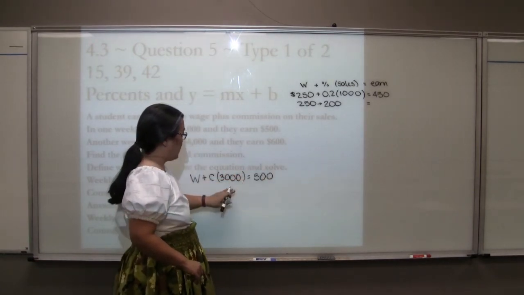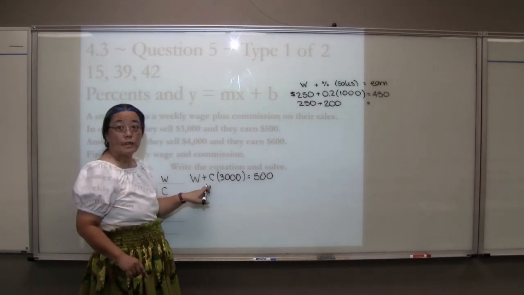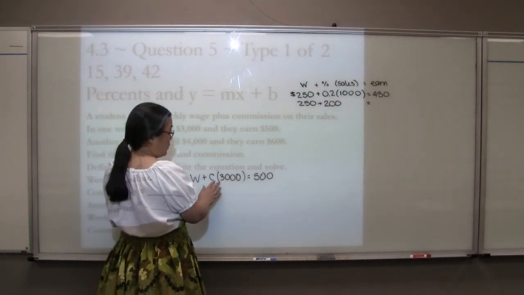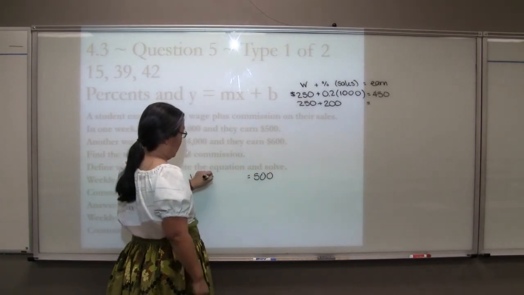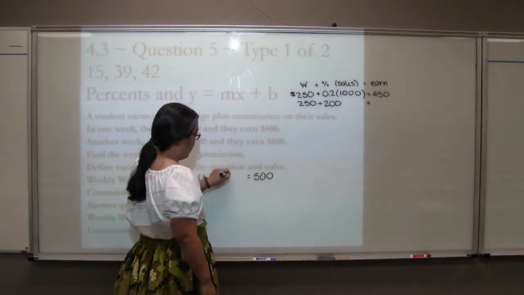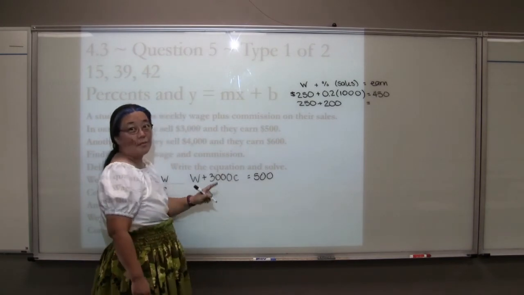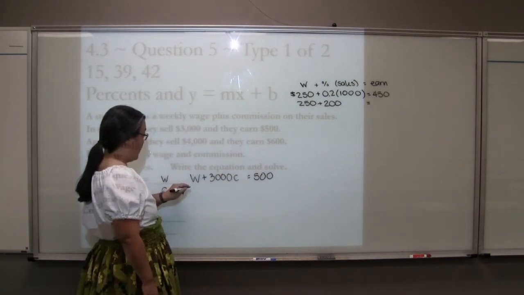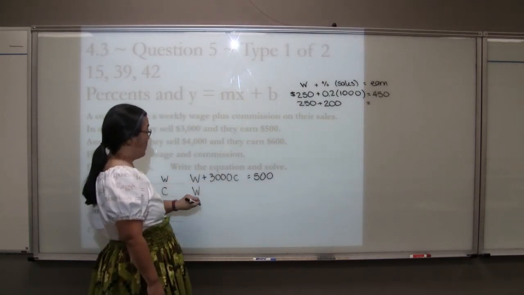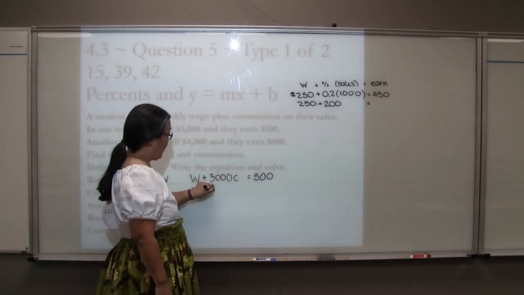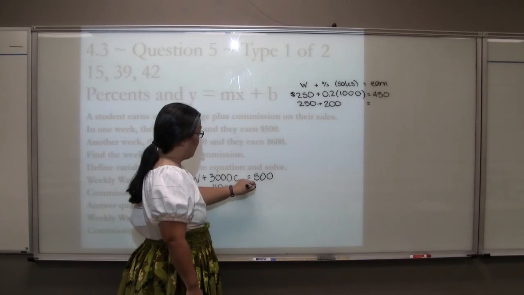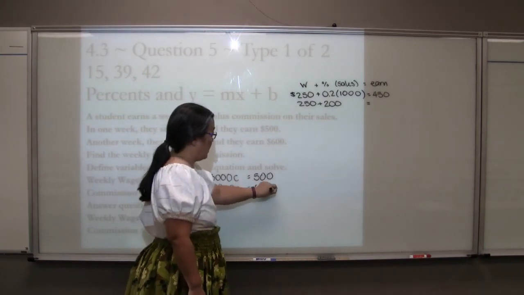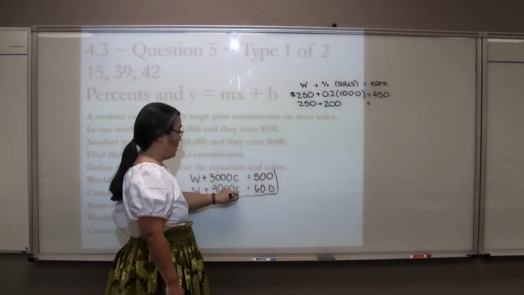Now I've had a number of students who are not comfortable with it written like this because the coefficient is after the variable, in which case, hey, we can use the commutative property and switch the order around. That's perfectly fine. Then we don't know what our weekly wage is, but we sold $4,000 at whatever our commission amount was, and we got $600.